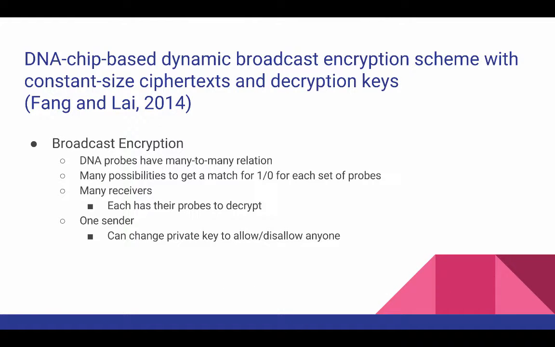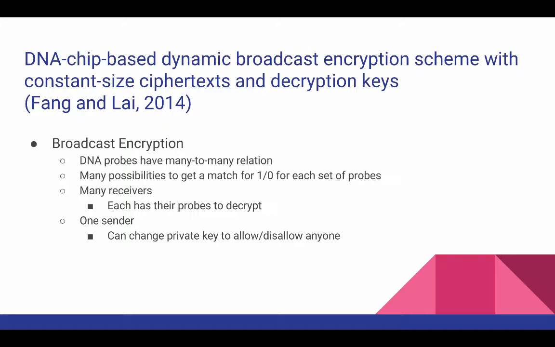So the second paper that we read was about dynamic broadcast encryption schemes using this method. Broadcast encryption uses the fact that DNA probes have this many-to-many relation that we've been talking about, such that we've got 32 different probes in one key, and some of those might react to some things, some of those might react to other things.